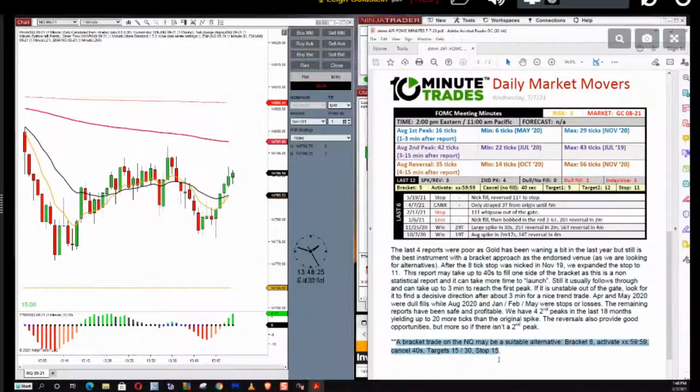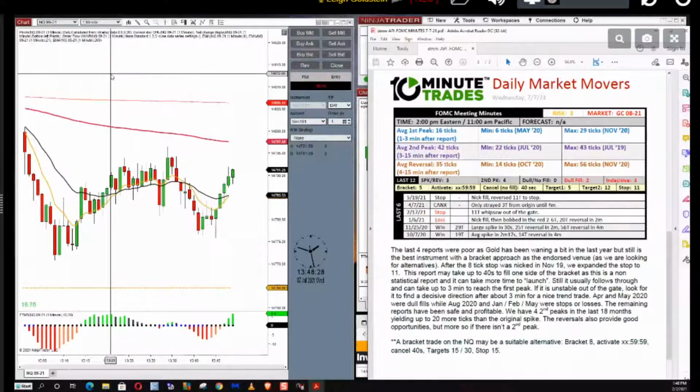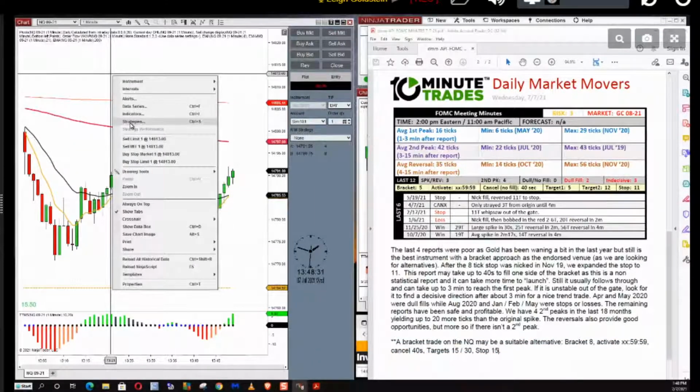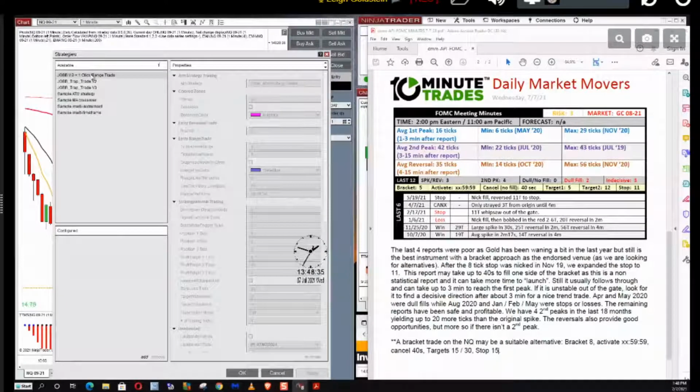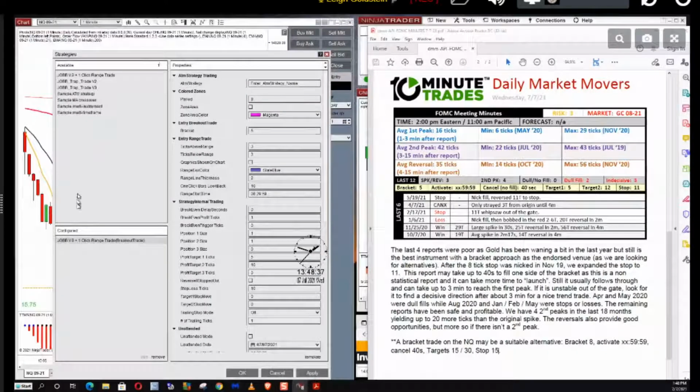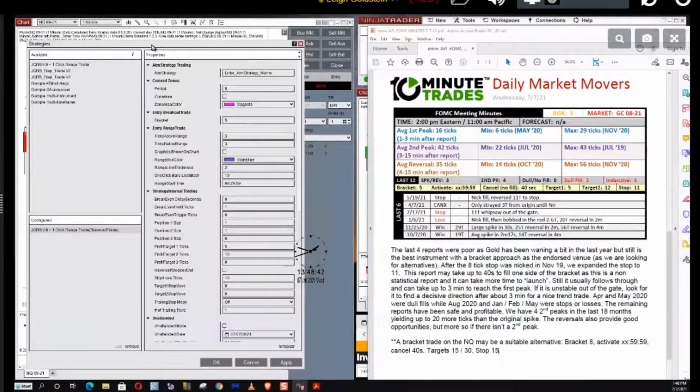Okay. So bracket trade on the NQ, click strategies, double click the name of the software, so it shows up under configured. I'm going a little slow because we have a lot of new people. Skip down to bracket, and I'm going to make the bracket 12. My target is going to be 7, 15, and 30.